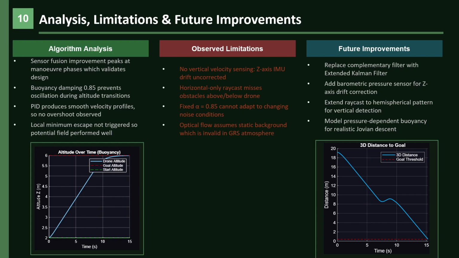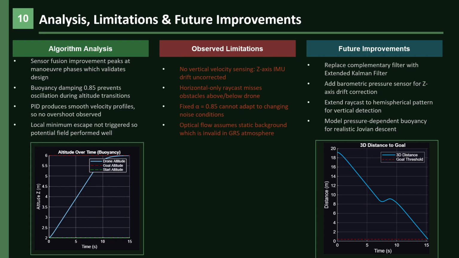Looking at future improvements, there are a few, but the ones I would like to highlight most are these. I would like to fix the raycast situation by not just having it in the horizontal plane, but as a semi-spherical pattern, so that it can account for any objects in its vertical plane.